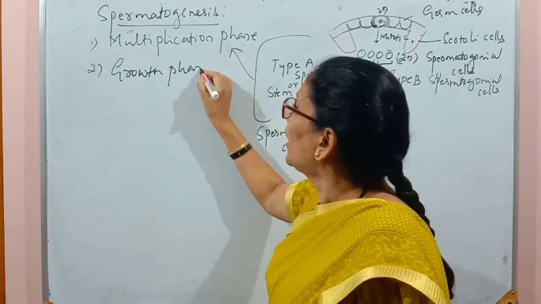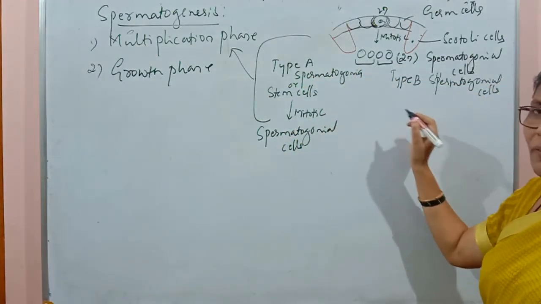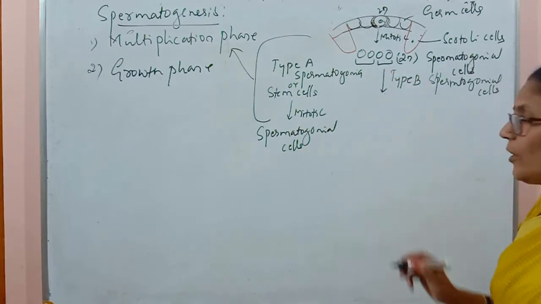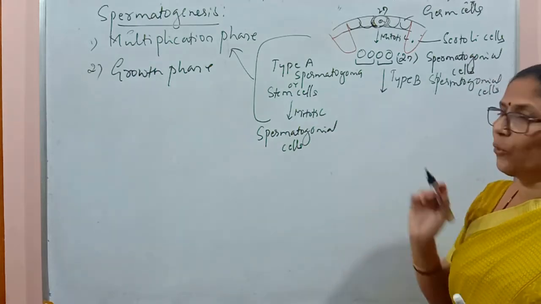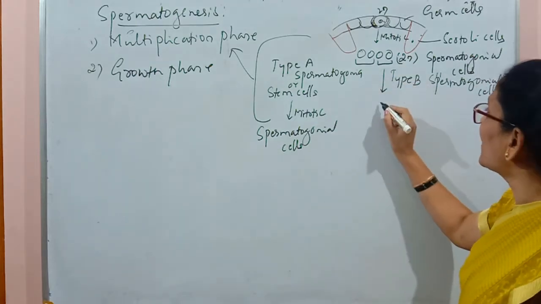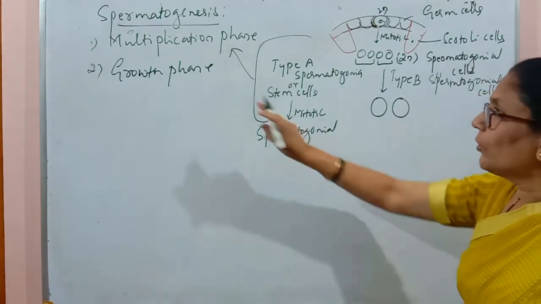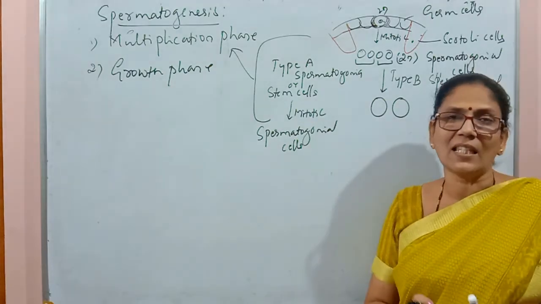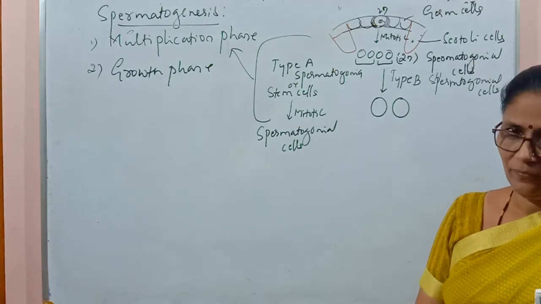Growth phase. This growth phase is seen only in the cells of type B spermatogonial cells. So type B spermatogonial cells undergo the second phase, that is the growth phase. These cells enlarge in size due to growth, and this enlargement occurs due to the accumulation of nutrition.